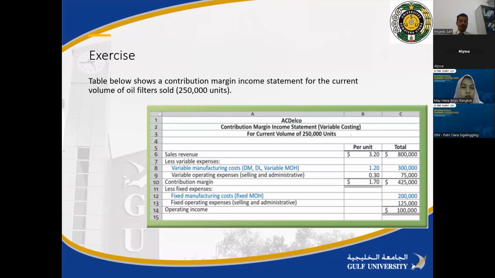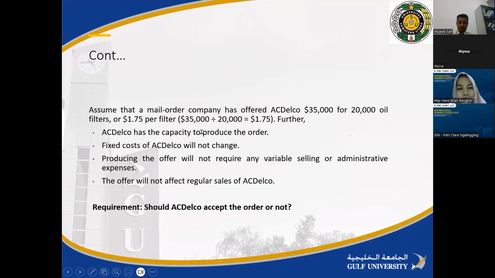So now we should see what is the benefit we will get if we accept this order and what is the cost. All right. If we accept this order, our revenue will increase. We will sell 1,000 units of oil filter multiplied by the sales price, one filter is 1.75.